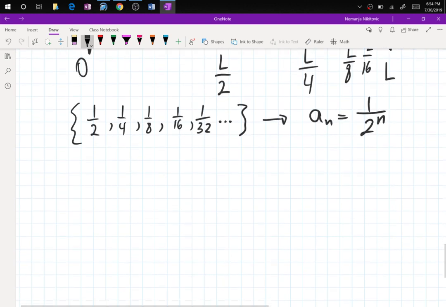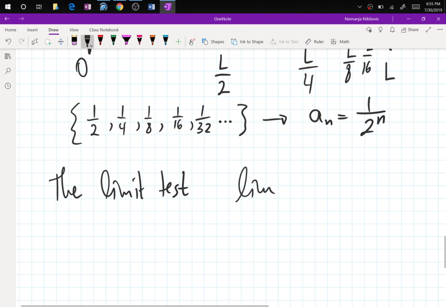And here is the limit test. Limit as n goes to infinity. All of your n's and k's and i's, whatever variable you get, will all go to infinity in the entire chapter, and the next one.